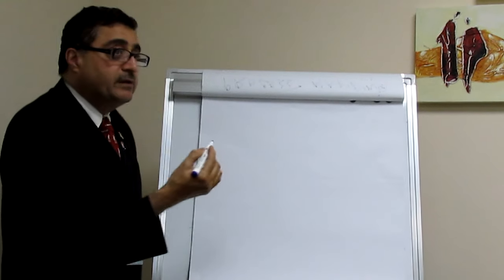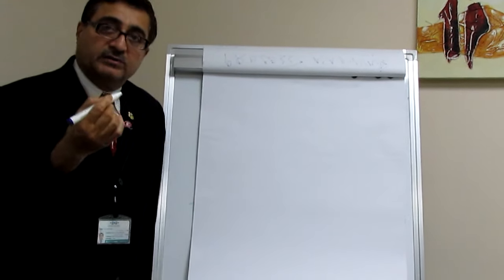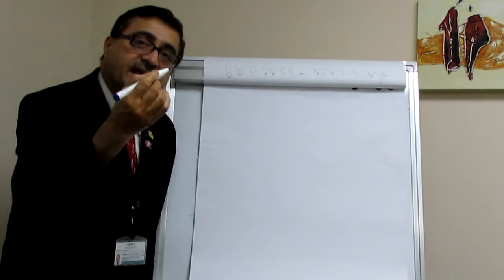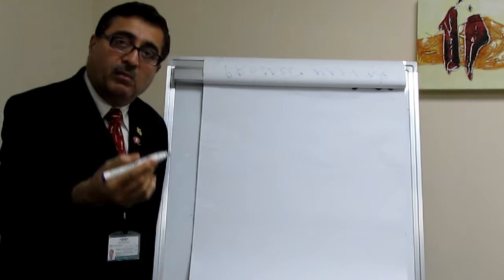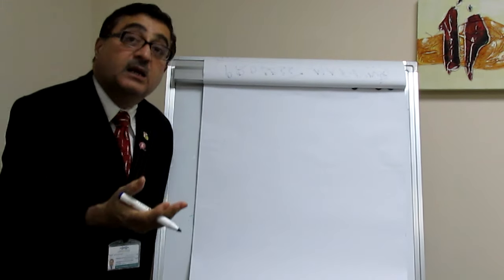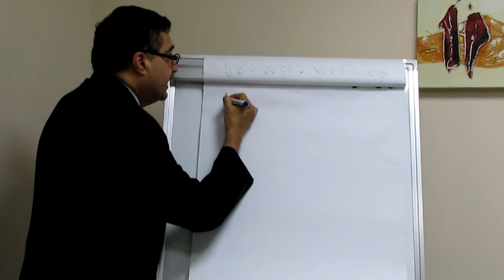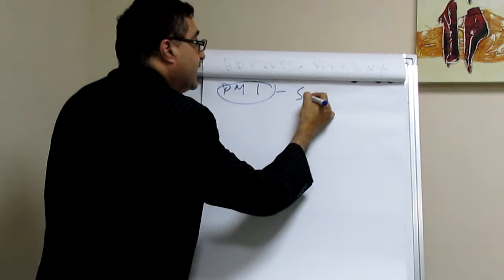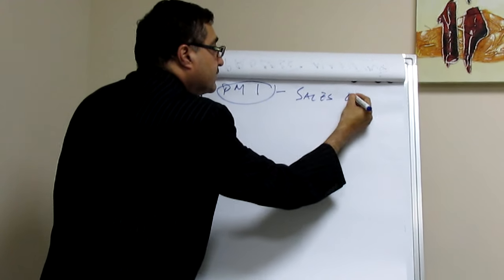First of all, we find out a particular process, for example, inquiries from the sales. How do we monitor sales inquiries? So let us identify PM1, which is the sales inquiry process.